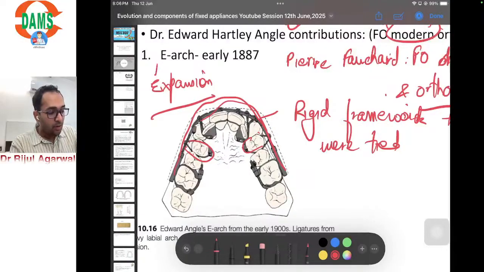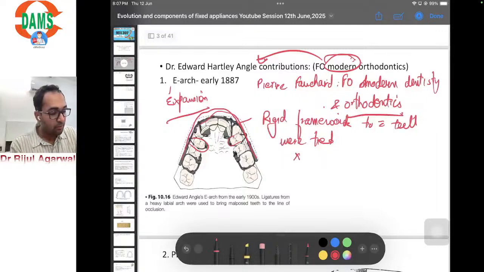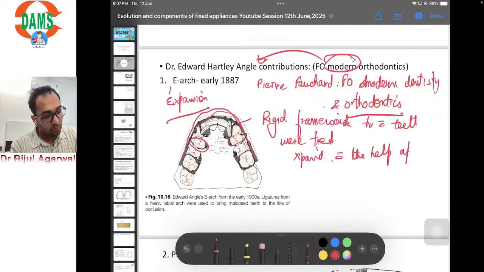When they were tied, they tended to expand with the help of this appliance. The teeth moved according to the arch form dictated by this rigid framework. So this was the E-arch appliance given by Pierre Fauchard.